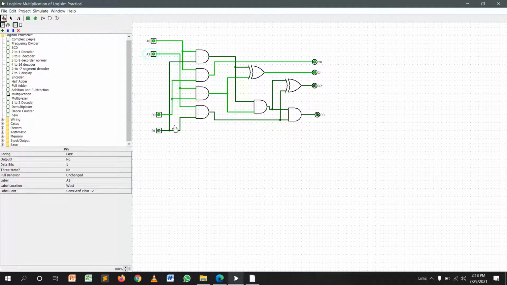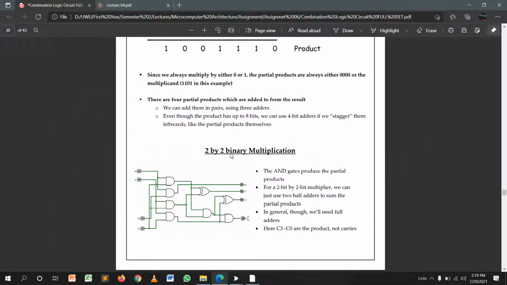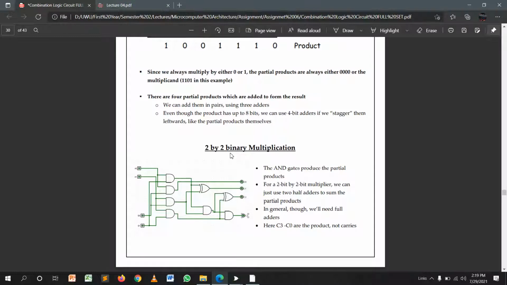This is the multiplier and multiplication circuit, and I showed how to execute that multiplication. This is the basic multiplication concept using calculators and other things. Okay, I think you get an idea about multiplication, subtraction, and adder. Thank you.